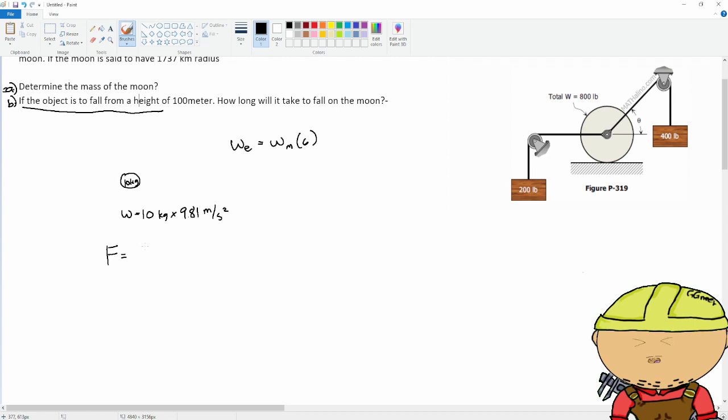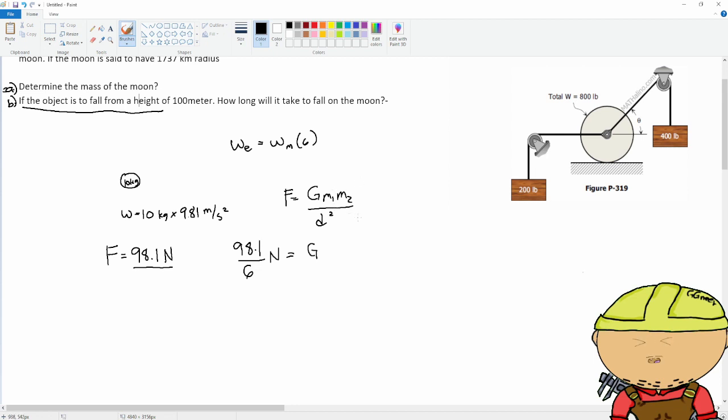Since we have the weight of the mass on Earth, 98.1 newtons, if we divide that by 6, that will become the weight of the object on the moon. Then use the formula F equals G m1 m2 over d squared.